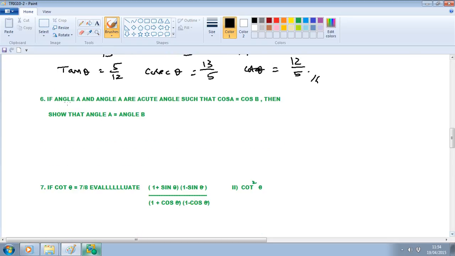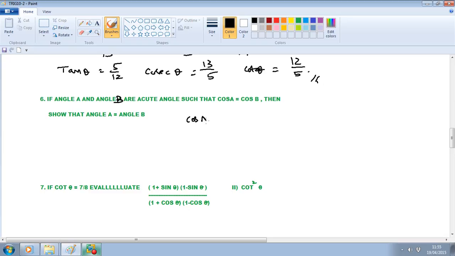Okay. Next, if angle A and angle B are acute angles such that cos A is equal to cos B, then show that angle A is equal to angle B. So what exactly does it say?